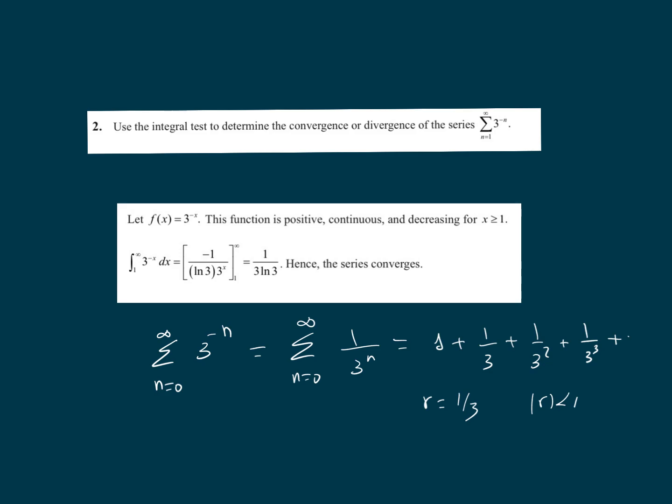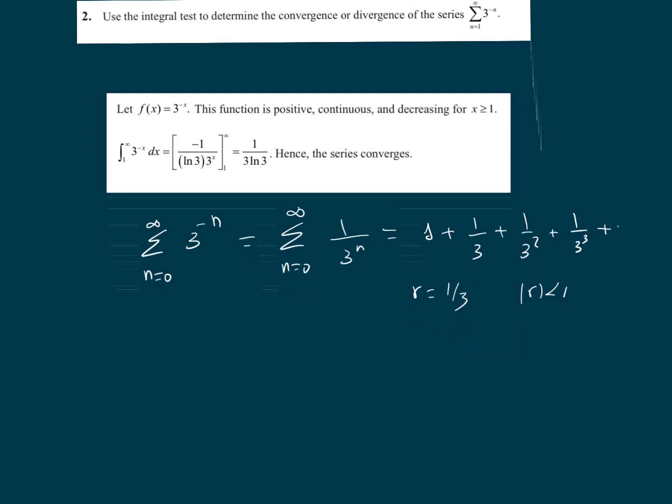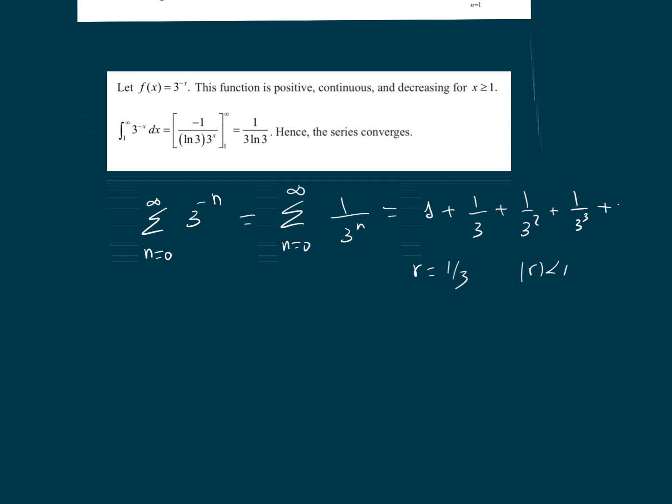But the problem says to use the integral test to prove that this series converges. Before using the integral test, you need to be sure that the function is positive. The function is positive because 3 to the minus x, the function 1 divided by 3 to the x, is always positive.